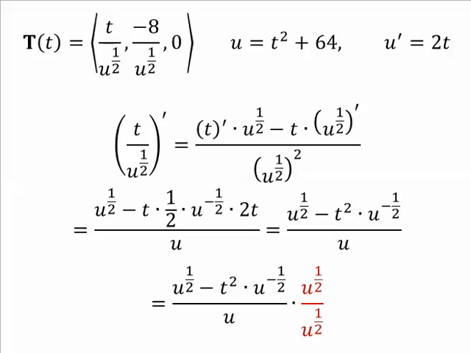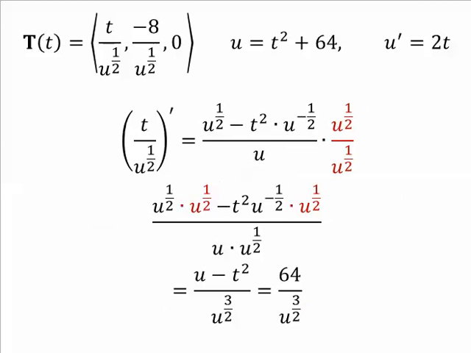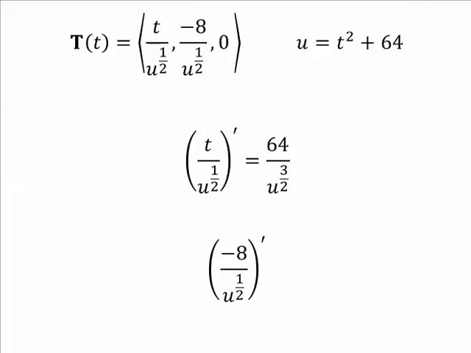And the only other thing is you just got to be careful. So distribute the u to the 1/2, and notice that u to the 1/2 times u to the 1/2 is just u. And u to the negative 1/2 times u to the positive 1/2 is just u to the 0, which is 1. And so my very first component simplifies very nicely to 64 over u to the 3/2.